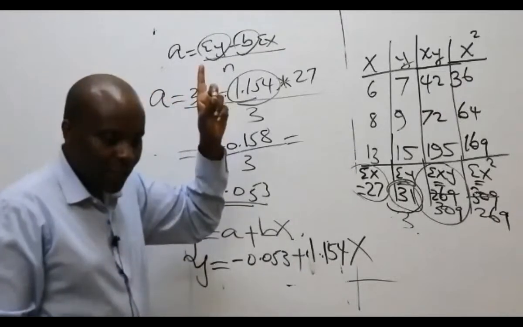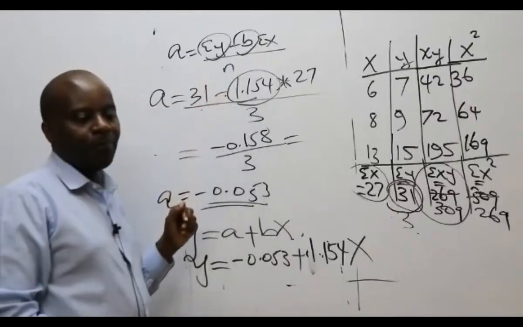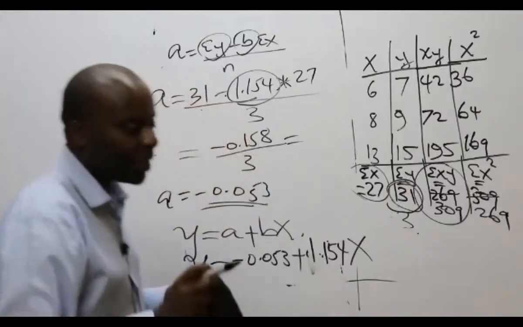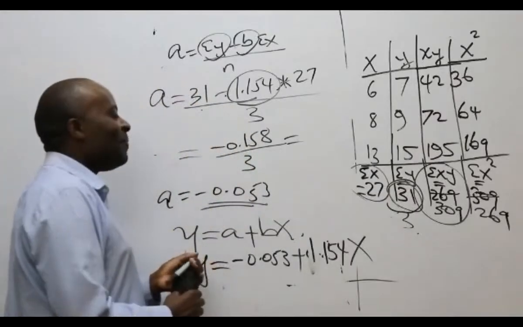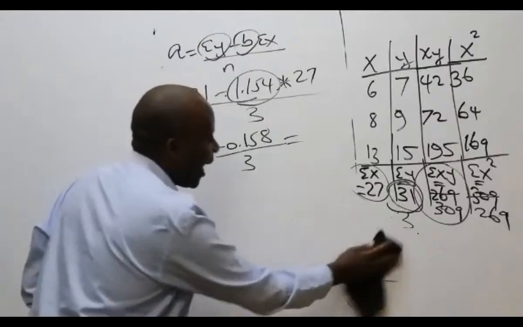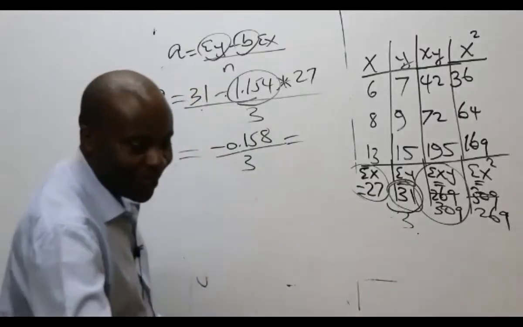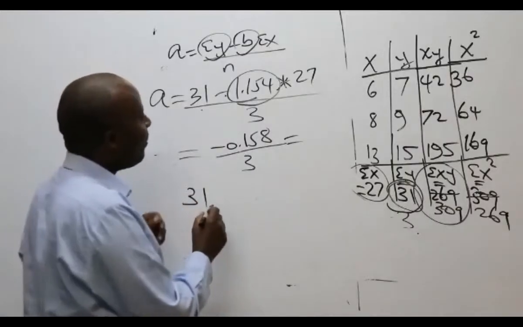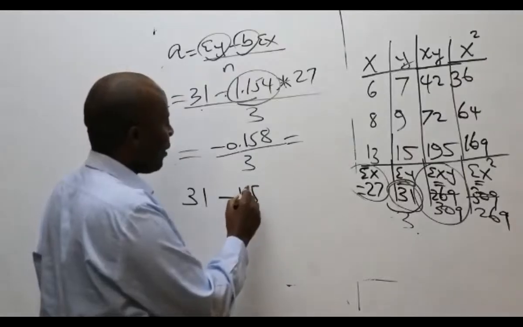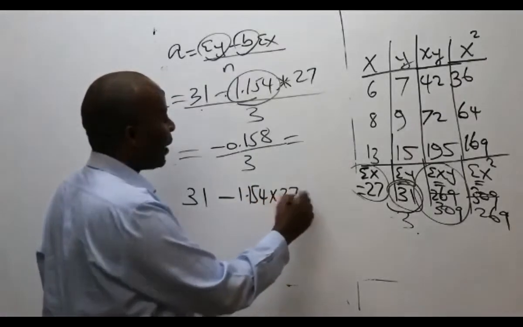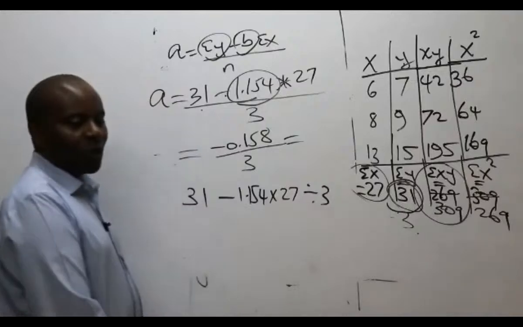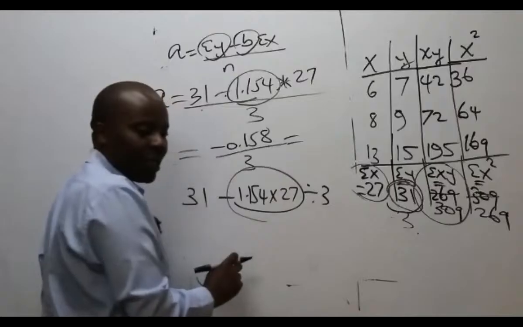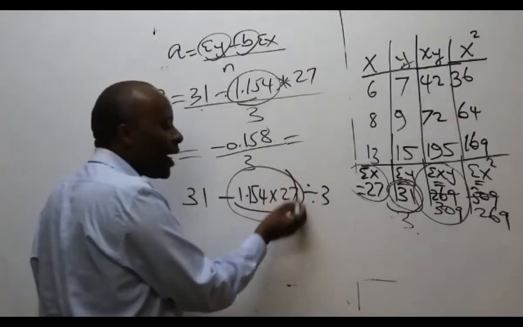I've marked CASNEB exams for so long, and I know the biggest mistake that students make. Many students use the calculator for 31 minus 1.154 times 27, then divide by 3, so the calculator divides only this part. This 3 is supposed to be a divisor for both.